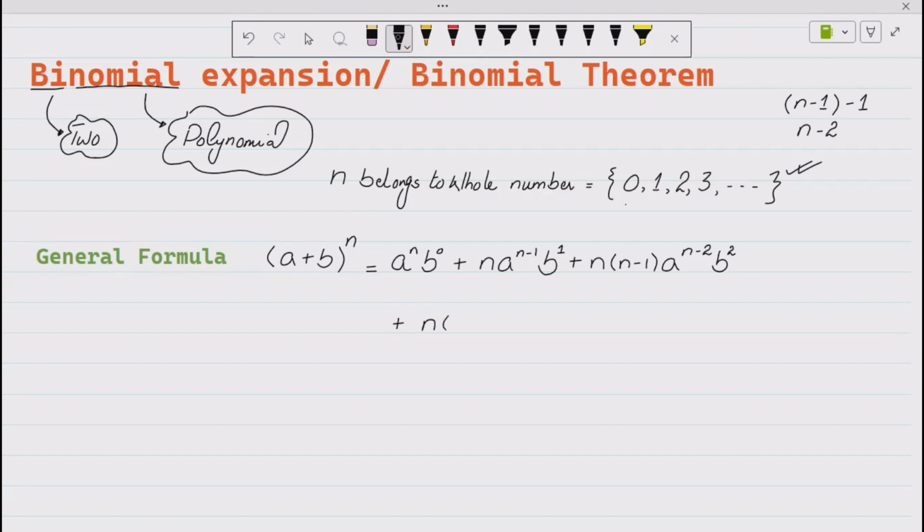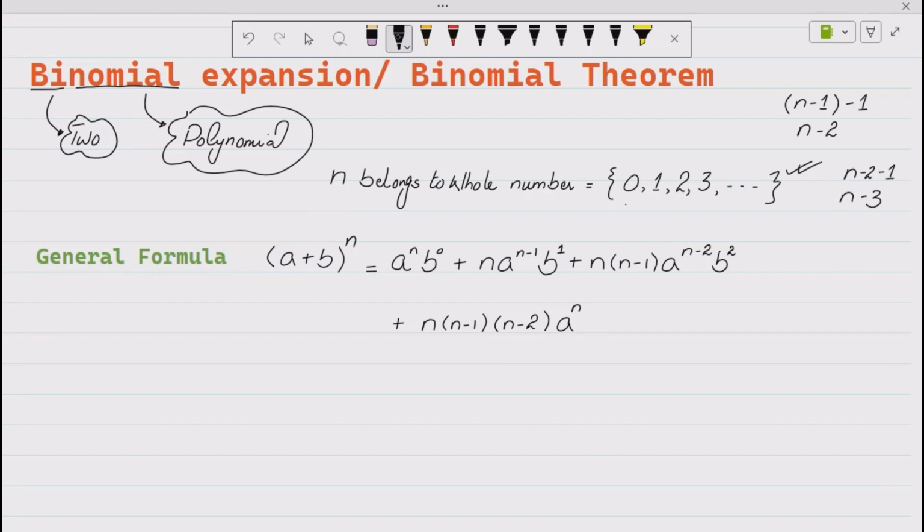Now n minus 1 we already have. Now we take n minus 2 below, and then a, now we subtract again 1 from n minus 2, so we have n minus 3.